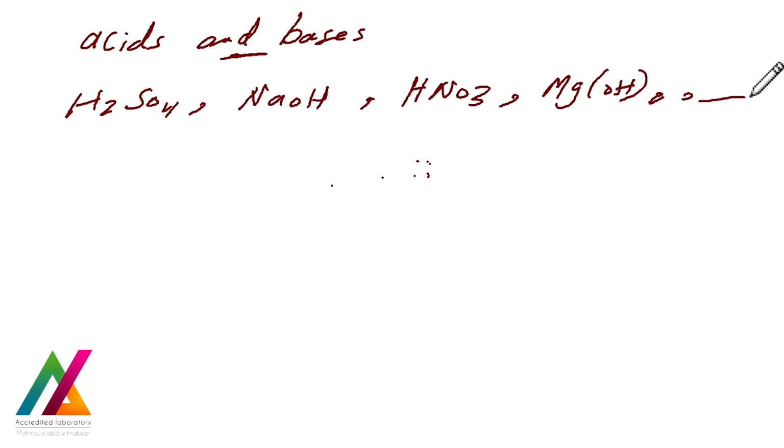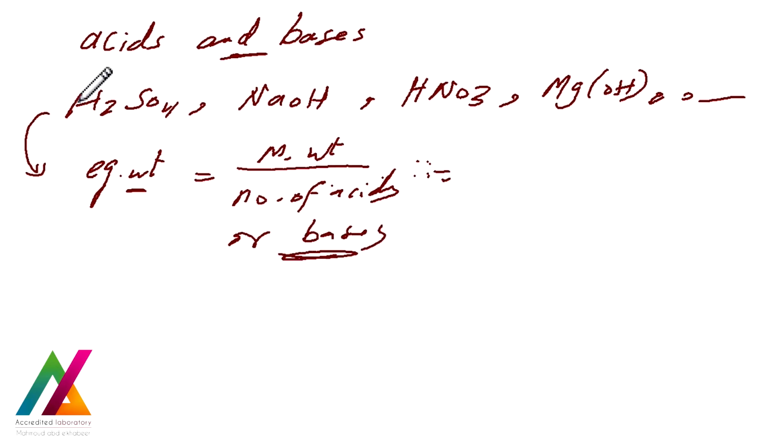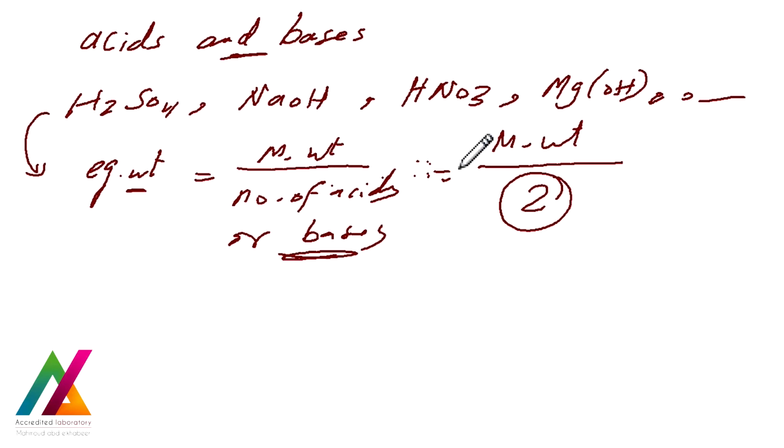and others. In these cases, you should calculate at the beginning the equivalent weight of the compound, which is equal to molecular weight divided by the number of acids or bases. As an example, for H2SO4, the equivalent weight will be the molecular weight of H2SO4 divided by 2, the number of hydrogen atoms.